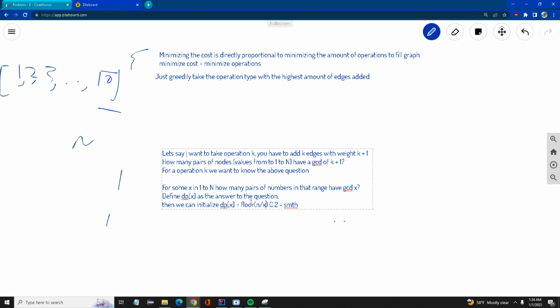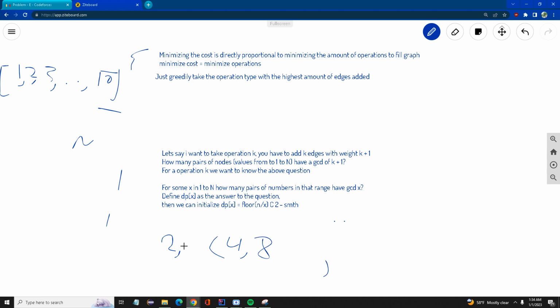Both numbers have a greatest common divisor of x, so they're obviously multiples of x. So we can choose any two multiples of x, but we realize that this is not enough. This overcounts it, because just because they're both multiples of two doesn't mean the GCD is two. So this obviously overcounts it, right?